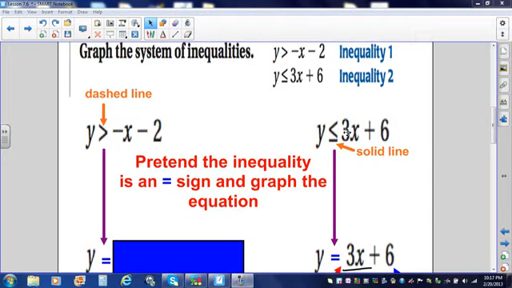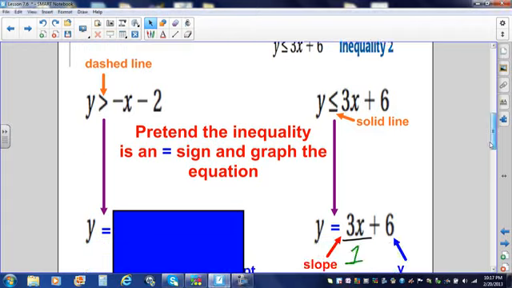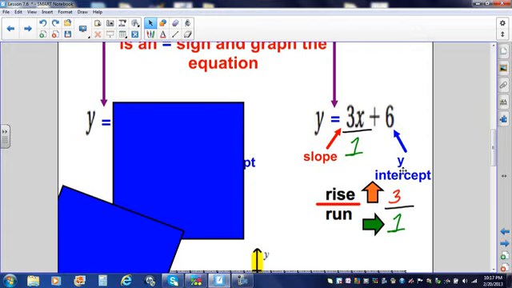Now I'm going to graph this inequality. Y is less than or equal to 3x plus 6. 6 is going to be my y-intercept. I'm going to make this a fraction by giving it a denominator of 1. So my slope is 3 over 1.